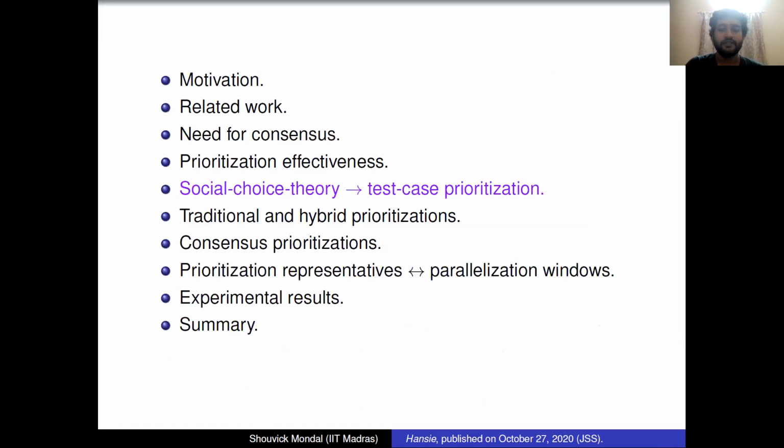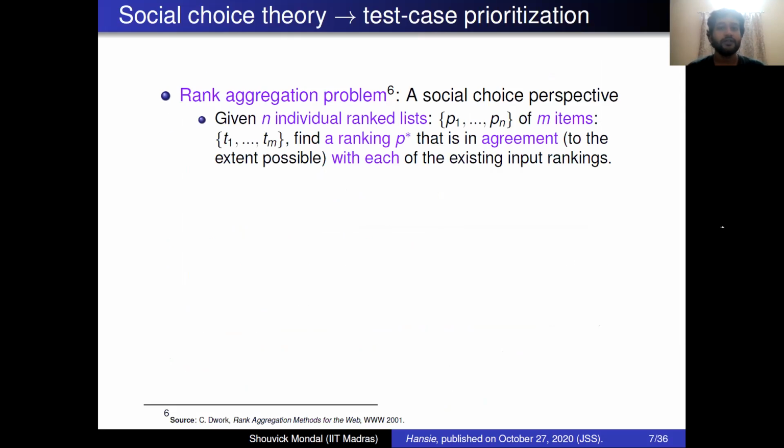So now a brief description of social choice theory. In social choice theory, we have the rank aggregation problem. In the rank aggregation problem, we have n different ranked lists of m items each, and we have to come up with a ranking, which is also a prioritized list.